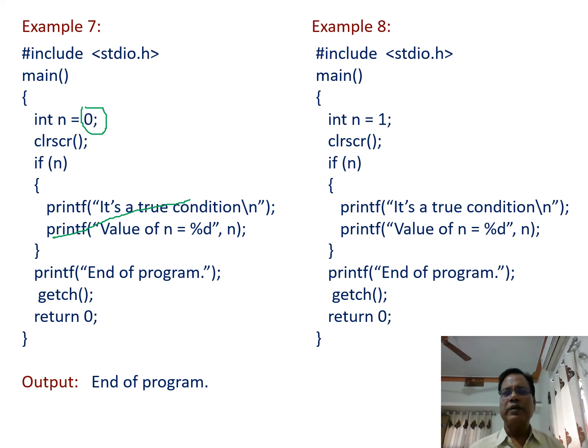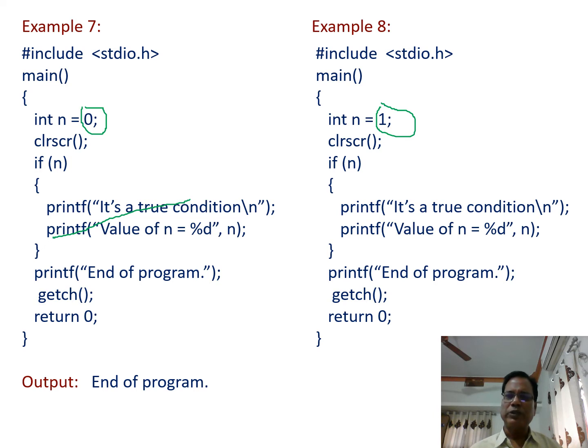In another example, here value of n is set as 1, that is non-zero value, and when this n is placed in the condition if 1, this is non-zero value, so condition is true. When condition is true, then body of the if statement, that is here two printf statements are there.